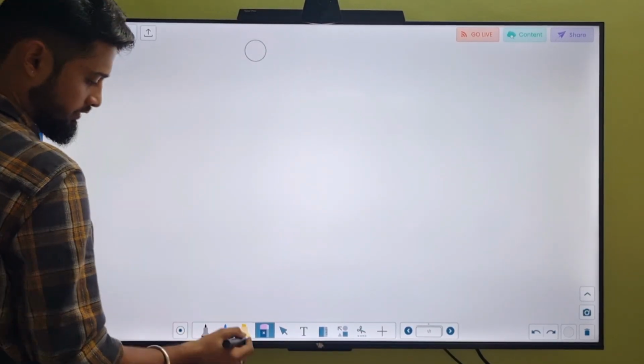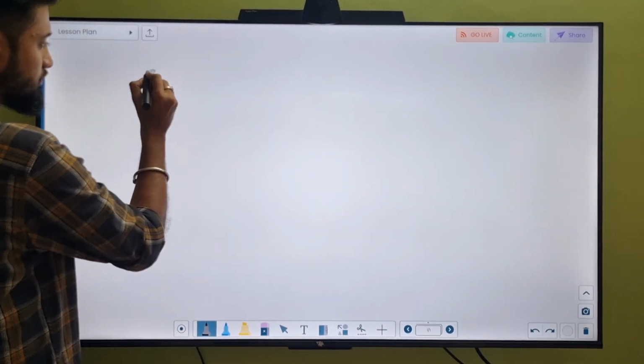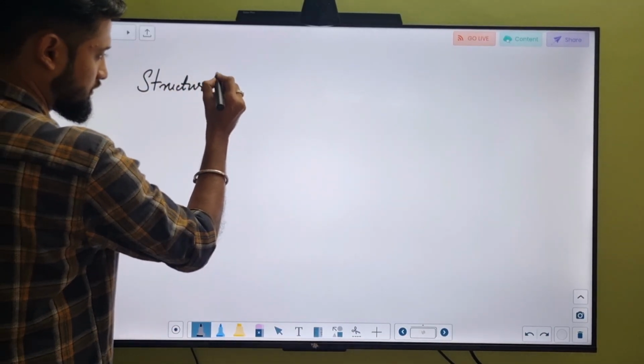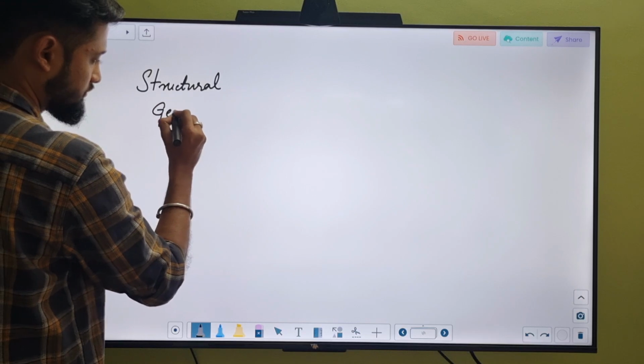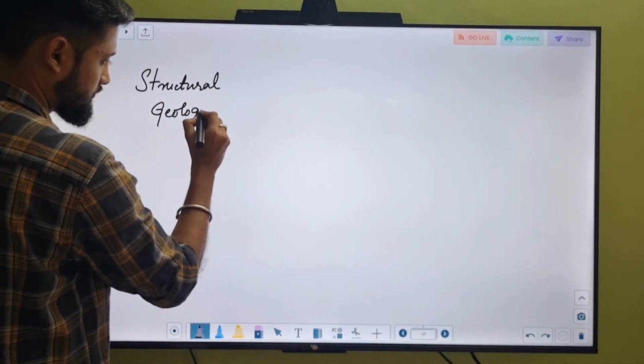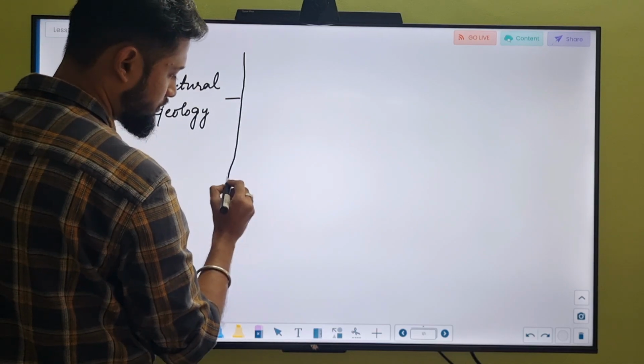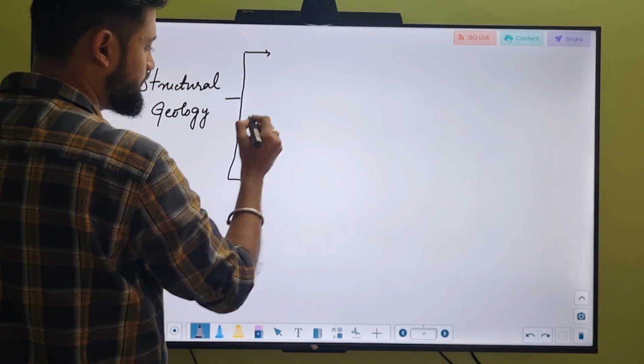basically, structural geology is divided into three parts.